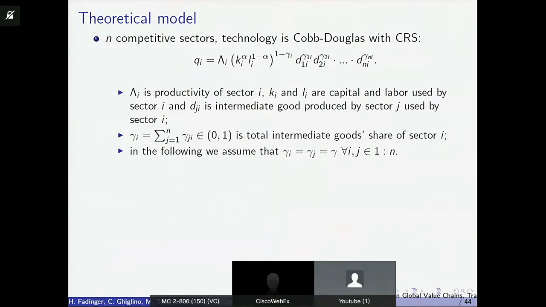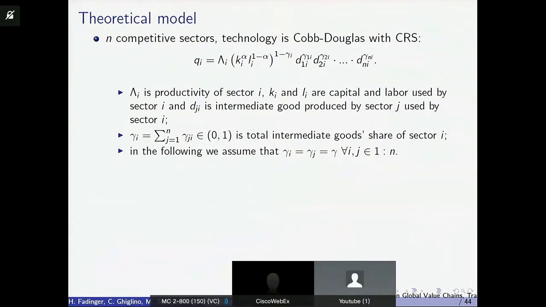So that's input produced by sector j and used by sector i. And these have weights gamma_ji, which are the input-output shares. You can read them off from the input-output tables. Gamma_i is the total use of intermediates in gross output. So it's the total intermediate share.